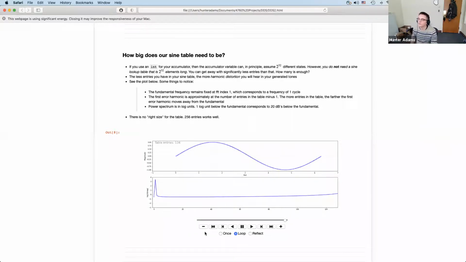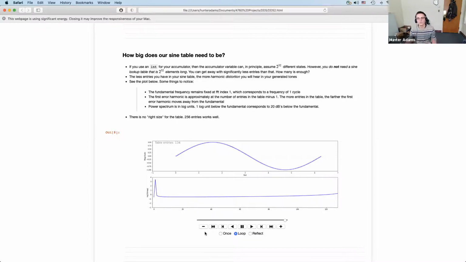So the number of entries in your sine table depends in part on your requirements. What are your requirements for error harmonics? How pure does your tone need to be? For us, our requirement is really what sounds good. With 256 entries, to your ear, it will sound perfectly pure.